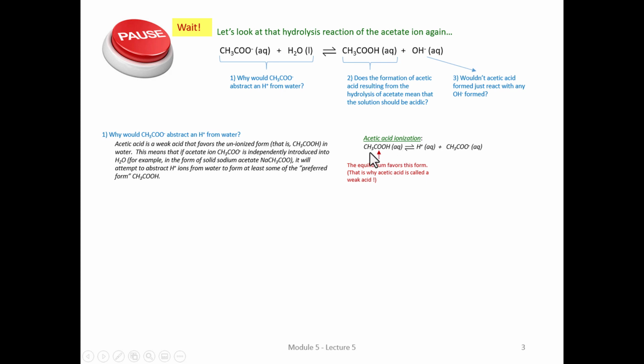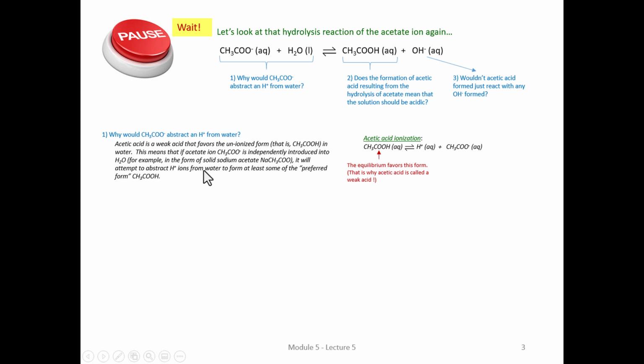If you put acetic acid in water, it does ionize slightly, but the favored form, remember it has a choice of two forms, the acid form or the conjugate base form. If you put acetic acid in water, it seems to favor the unionized acid form.